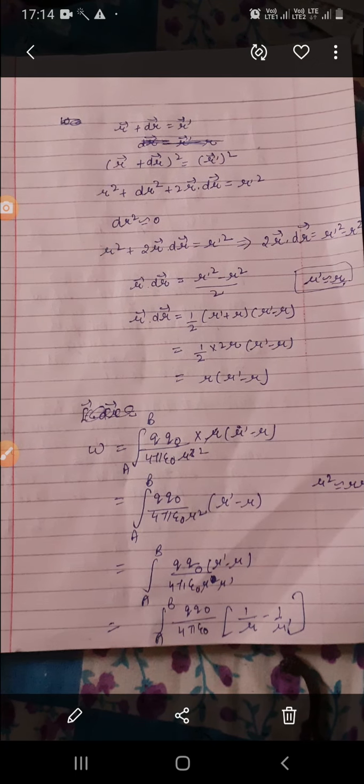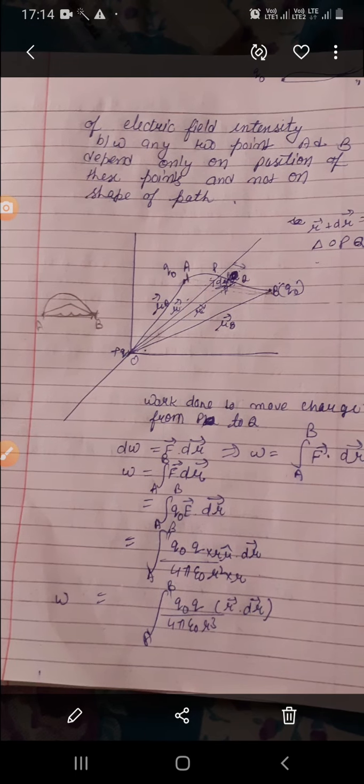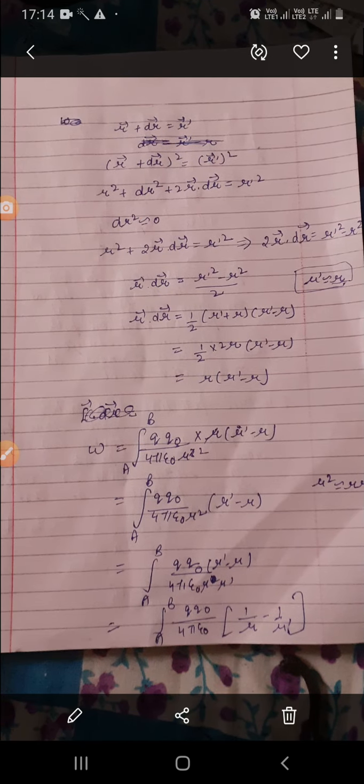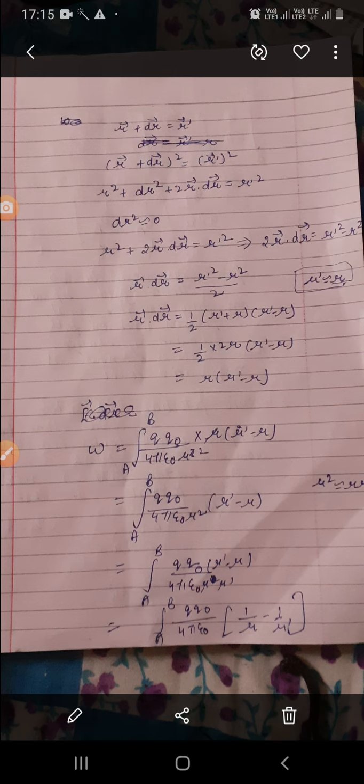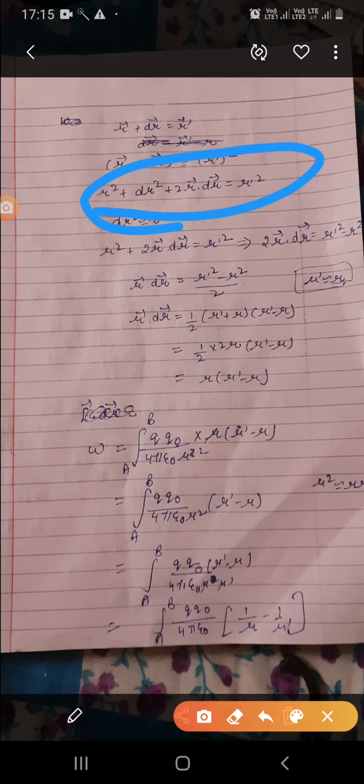Now, as I already told you, triangle OPQ is a triangle and R plus dr is equal to R dash. So when we take the square, it becomes R plus dr whole square is equal to R dash square. When we open this, it becomes R square plus dr square plus 2R dot dr is equal to R dash square.